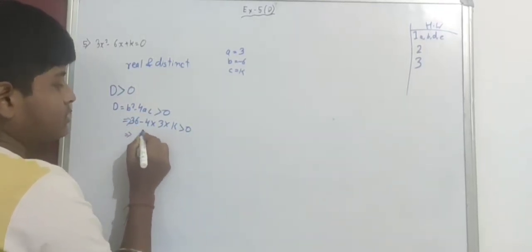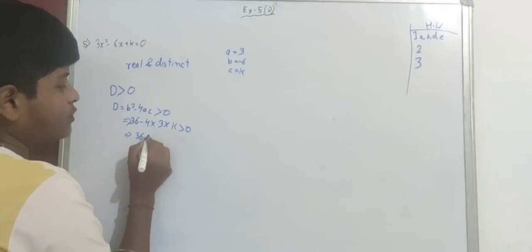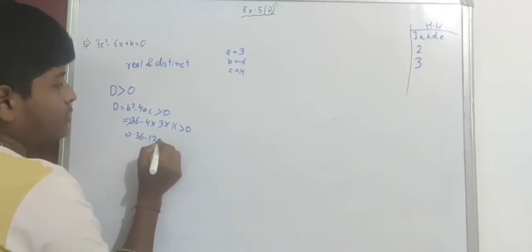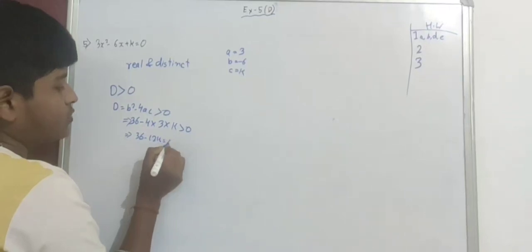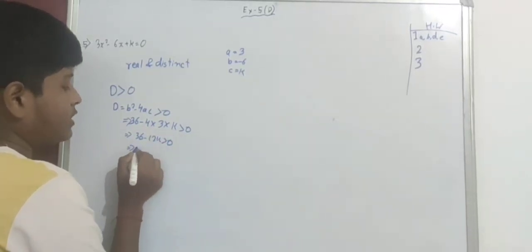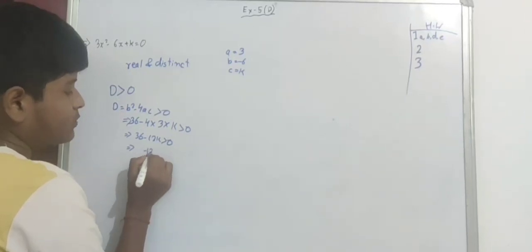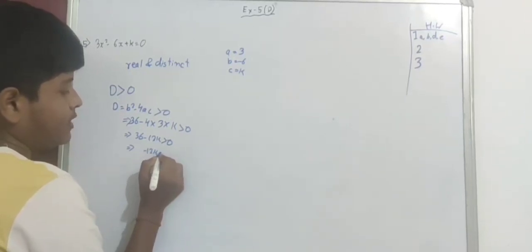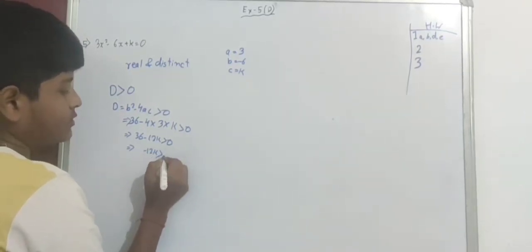Now 36 minus 4 into 3 is 12k, greater than 0. Now here minus 12k greater than minus 36.